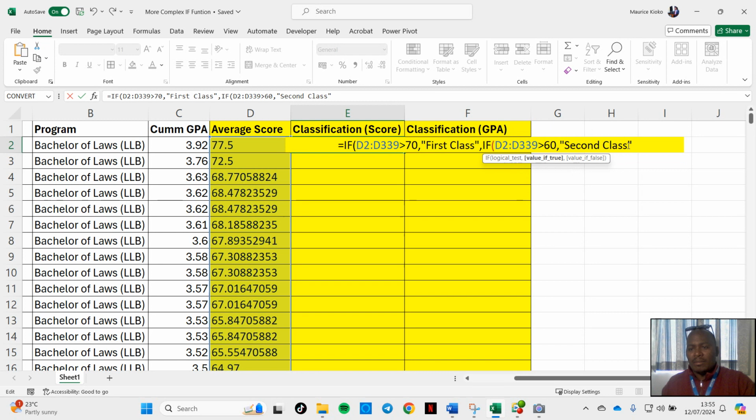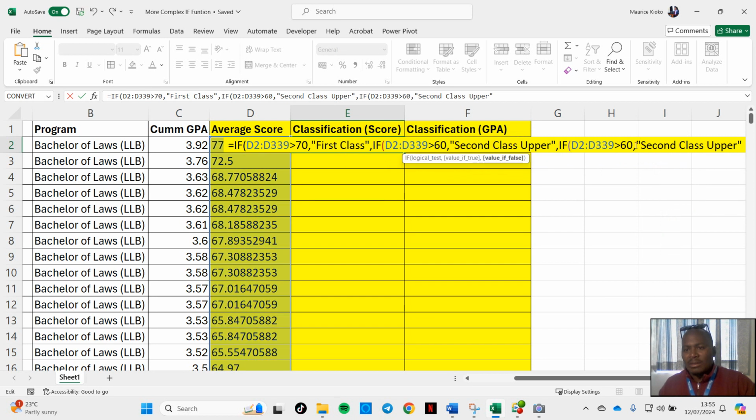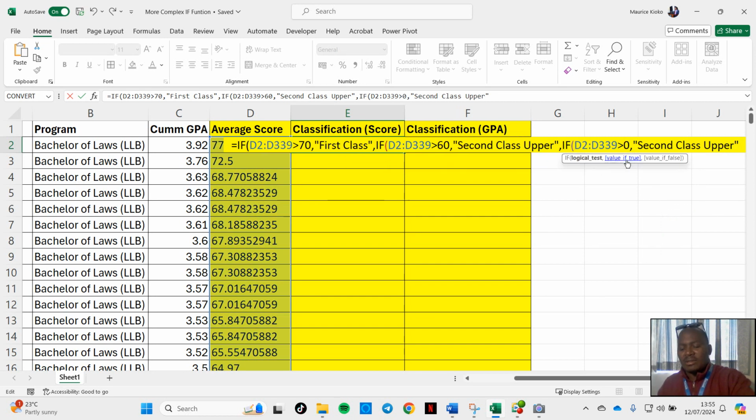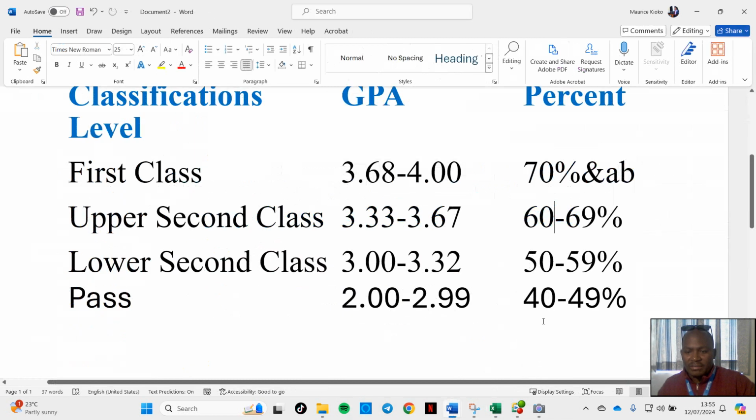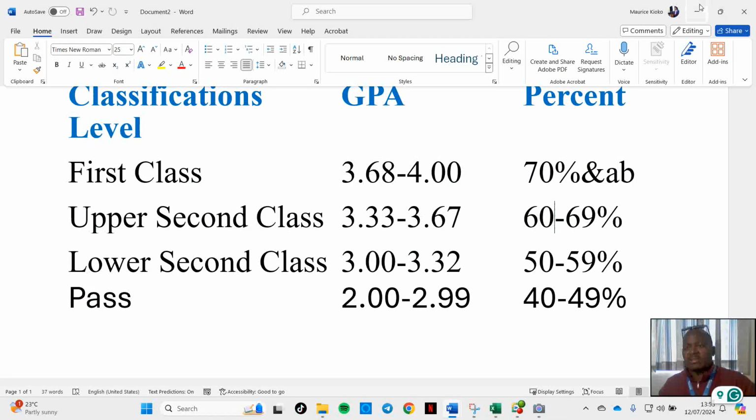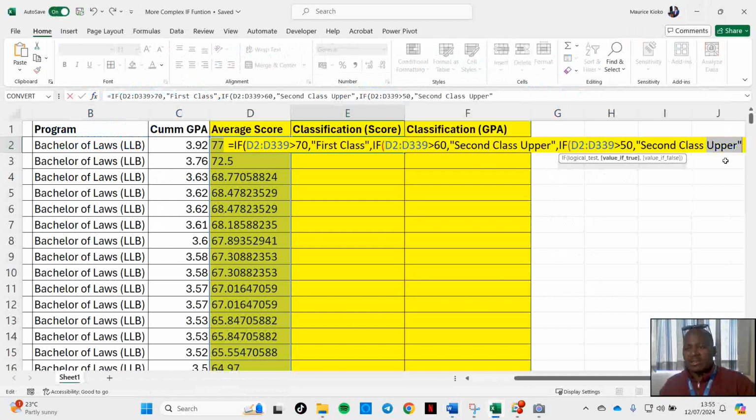Then copy the same thing, paste ahead. Bigger than 50. I hope we are following the scale very well. Bigger than 50, second class lower.